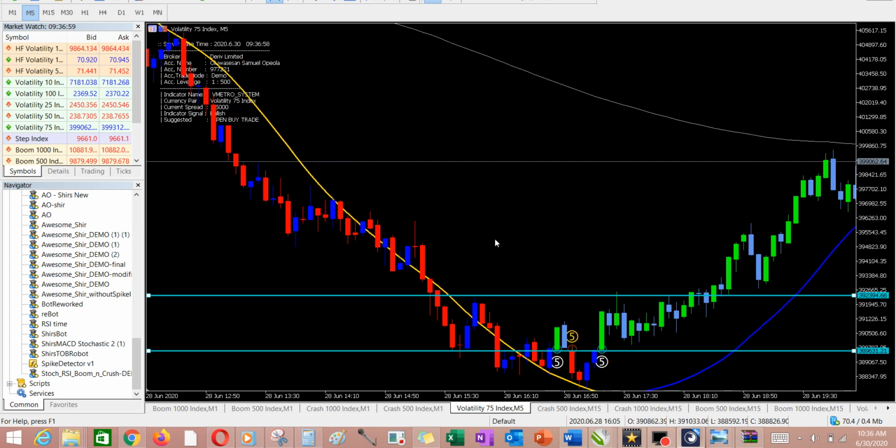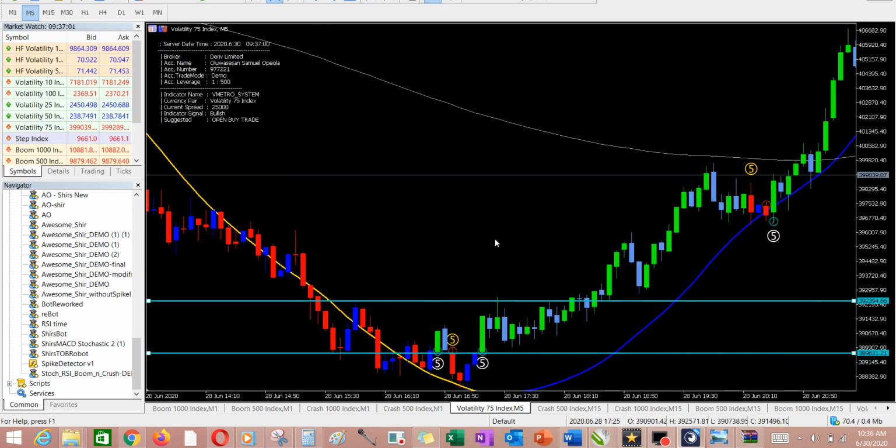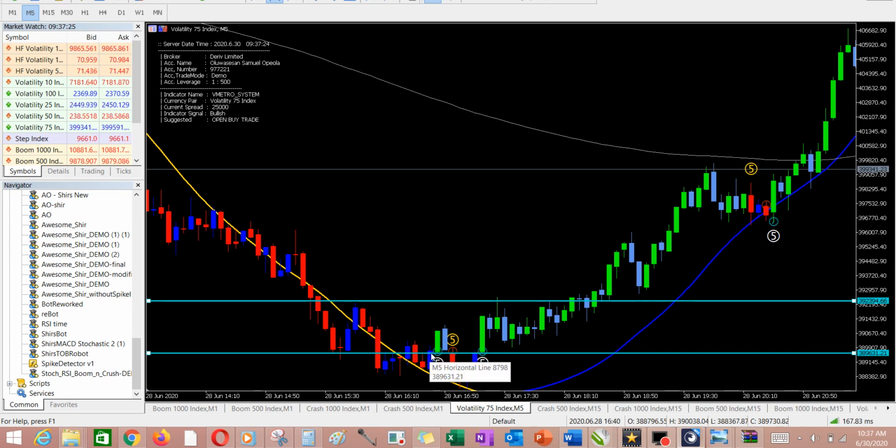So the profits cannot be tampered with, even if the market should give a sudden reversal in price action, it will never take off your profits which you have kept aside. It will only take you away from the market so that you can keep the profit for yourself. So check it out.